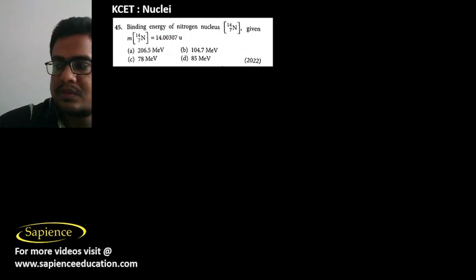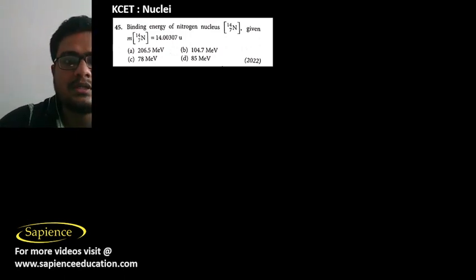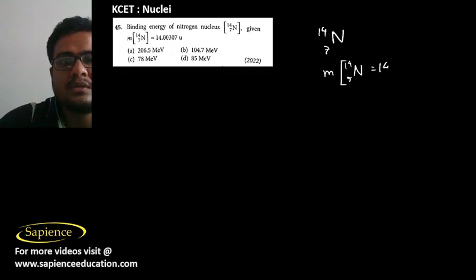Then in question number 45, it is told that the binding energy of nitrogen N-7-14 is to be found, given the mass of N-7-14 is 14.00307 u.